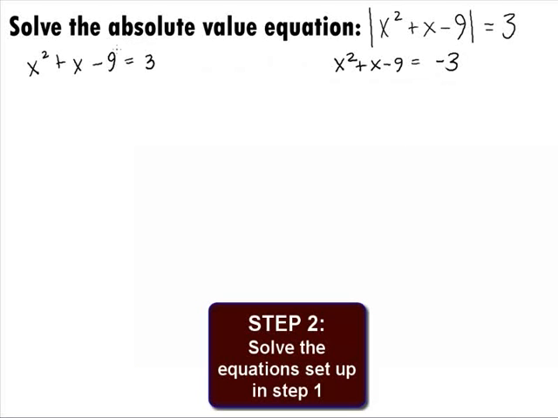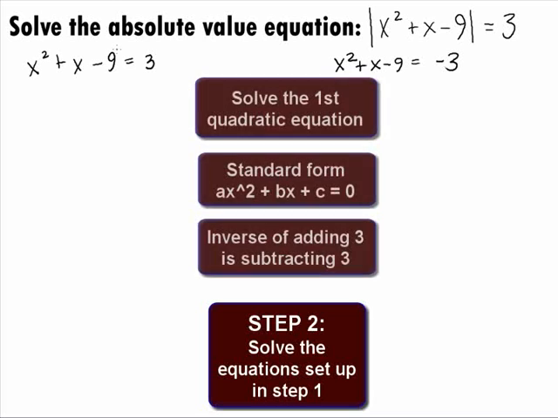In step 2, we want to solve each equation. Both equations are quadratic equations. If you need a review on solving quadratic equations, feel free to go to Tutorial 17. So we will need to get both equations in standard form, which is ax squared plus bx plus c equals 0.